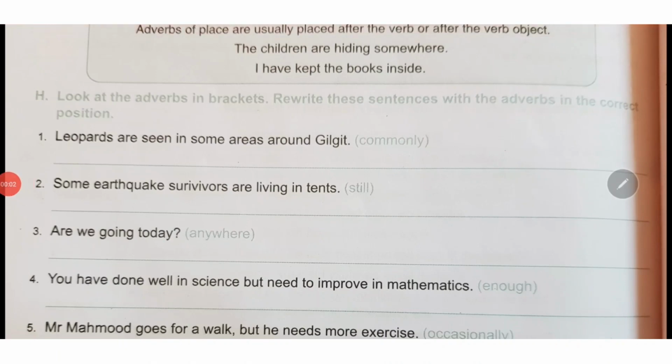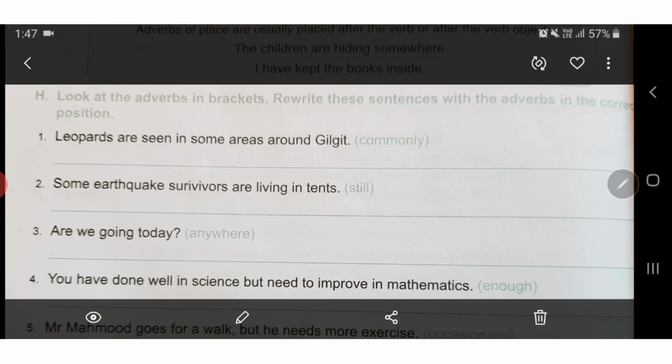Okay, my dear students, as we have finished exercise G, the next thing we have is position of adverbs on page 77. So students, in my slides, you have noticed I gave you a quick review about adverbs, definition, meaning, and its kinds, how it is used in sentences, and also the positions.